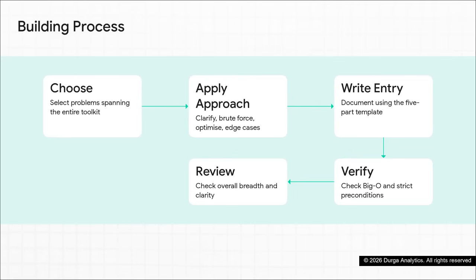Clarify with small examples, state the brute force, optimize it, and hit the edge cases. Third, write it all up using that 5-part template we just discussed. Fourth, verify your reasoning. You need to check your big O and preconditions like you're literally debugging production code. And finally, Step 5, review the whole deck for breadth. Your logic has to be so clear that another engineer can effortlessly follow it.